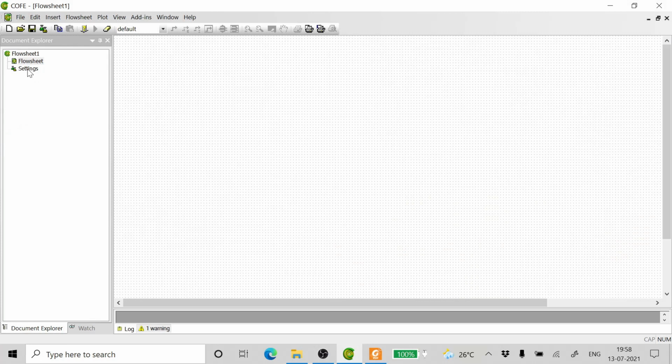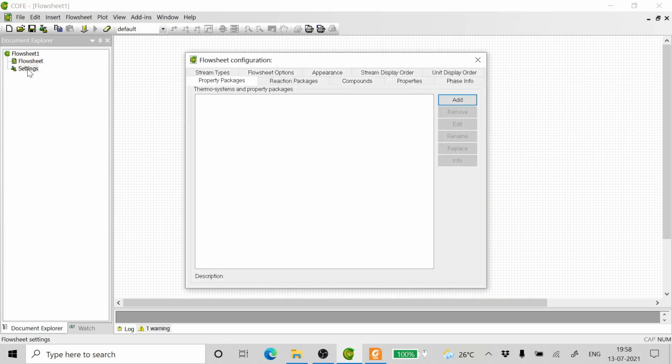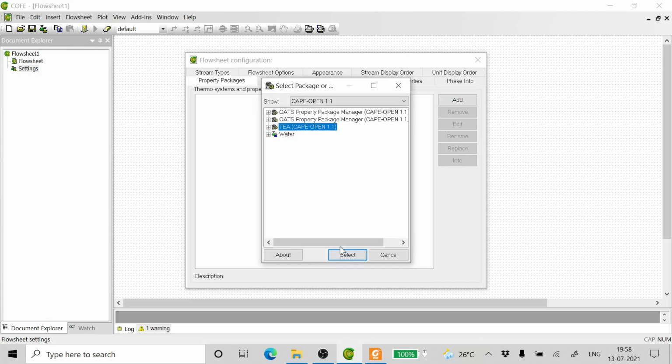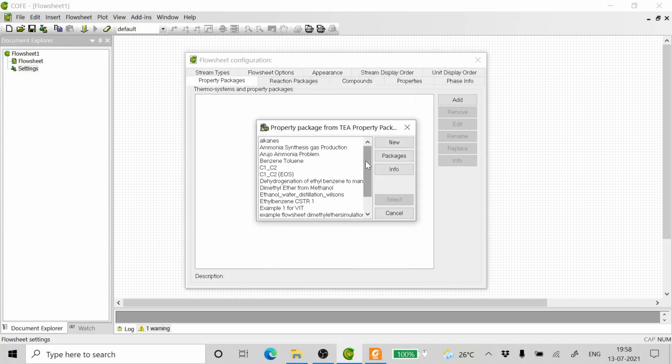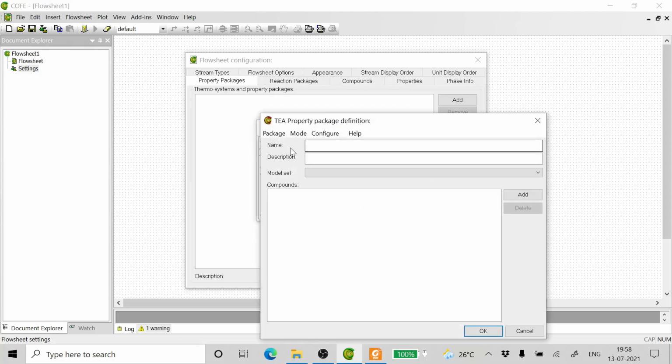Therefore, to configure it, we go to settings and we go to property packages and we click add and we select TEA and here we select new and I will give it a name, simulation for ammonia synthesis.